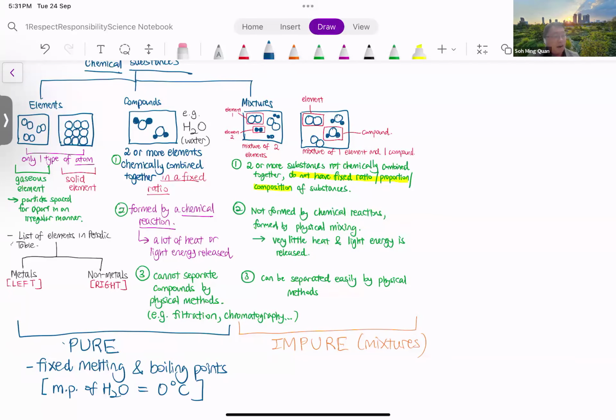Okay? Whereas the opposite happens for impure mixtures. Mixtures are impure, therefore they do not have a fixed melting and boiling point. What does it mean by not having a fixed melting and boiling point? It means that it melts and boils over a range of temperatures.